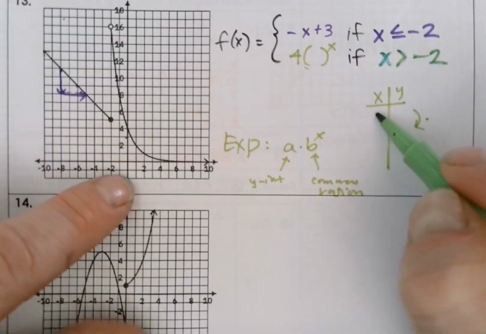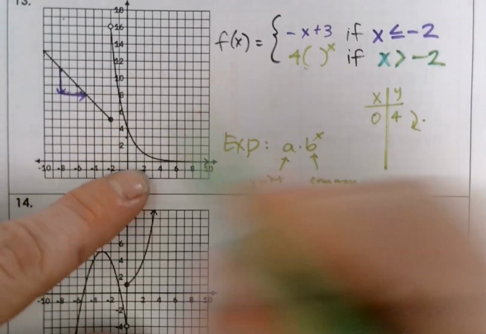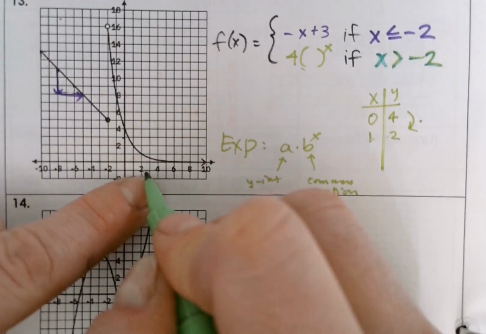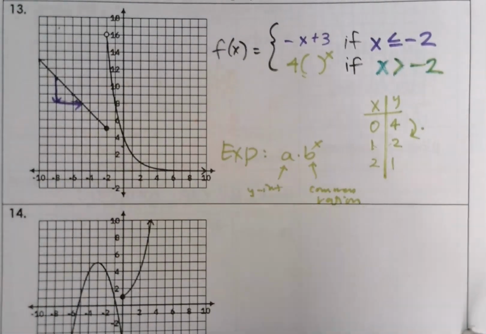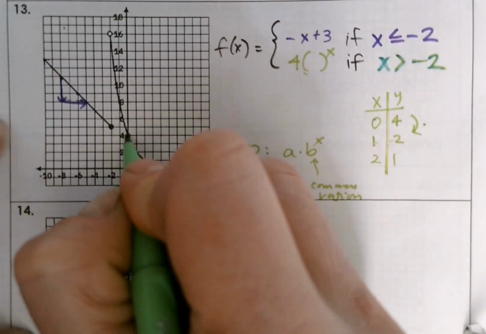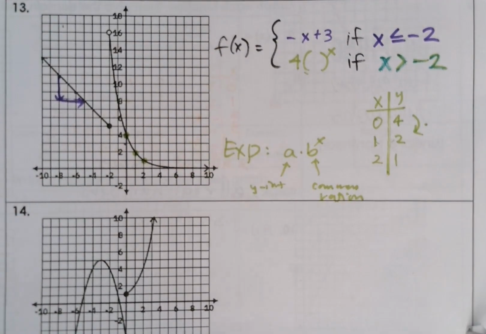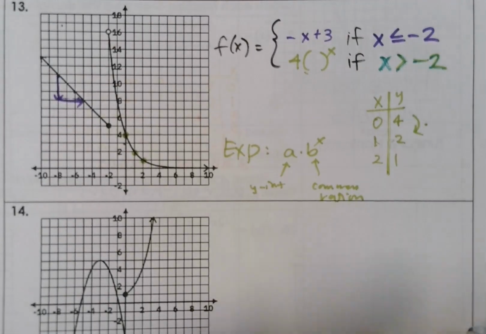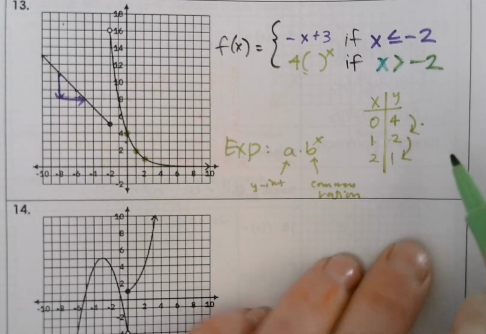So we've got x equals 0, y equals 4. When x is 1, y is 2. When x is 2, y is 1. And that's enough. We don't need a ton. The 3 points that I just put in that table are these 3. So what number do we multiply to turn 4 into 2 and turn 2 into 1?